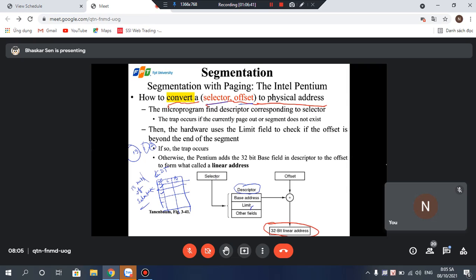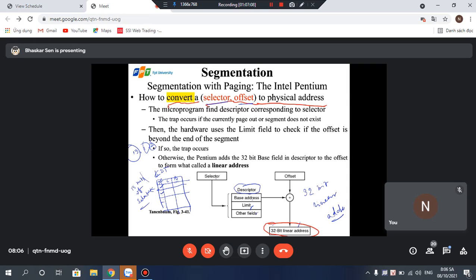And again, the same thing, compare it with the limit. If it is within the limit, then add the base plus the 32-bit offset, and you generate a 32-bit linear address.